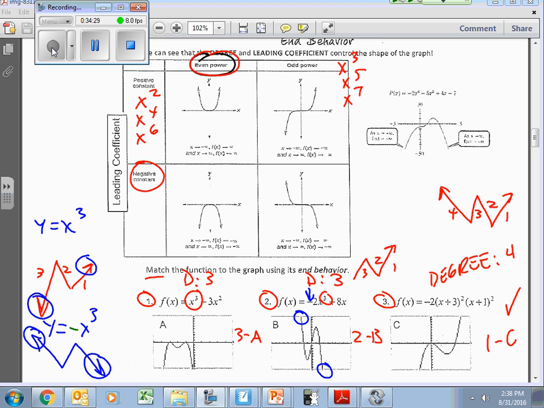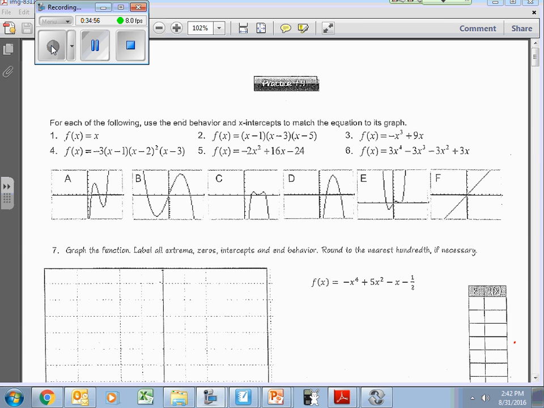The regular guy here, low to high. And this W guy, notice on yours, it's a 4. Because of that minus sign on here, we know a 4 normally does that. But if that negative sign goes in front, what was normally high to high winds up needing to be low to low.